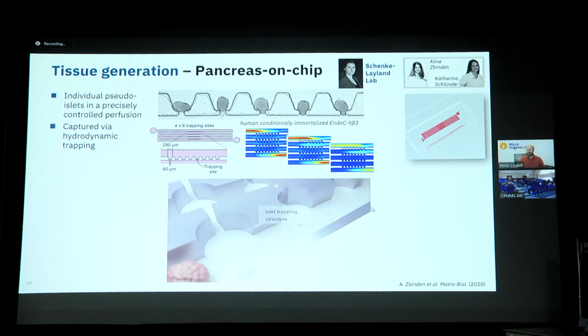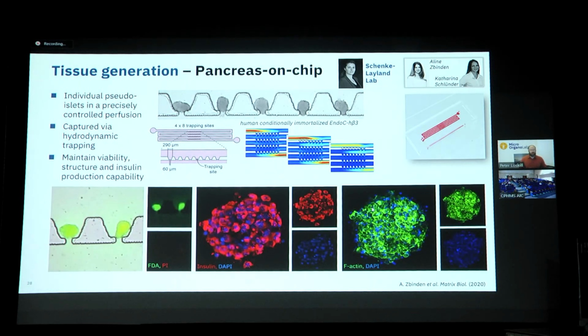So this was the first generation of the pancreas on a chip, and we actually could get a nice viability of the system. We could see a good insulin production capability, but we realized this is not really the structure of a pancreas, to have individual islets, pseudo-islets sitting somewhere in the chip. So we went further and now have the second generation of the pancreas-on-a-chip system.